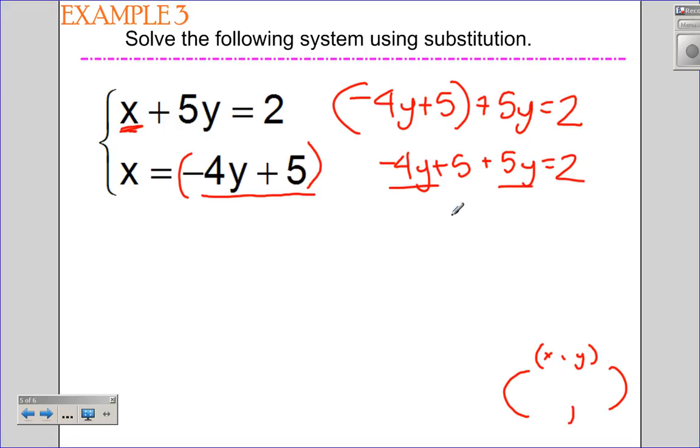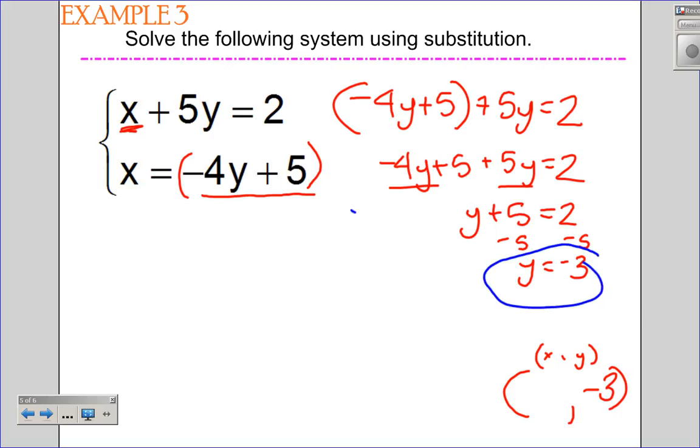Combine those y's. So I have negative 4 plus 5 is just y plus 5 equals 2. Subtract 5 from both sides. Y equals negative 3. So my y value is negative 3. Now I need to determine x. So I know y is negative 3. So I'm just going to take that, plug it in for y right here, and solve.